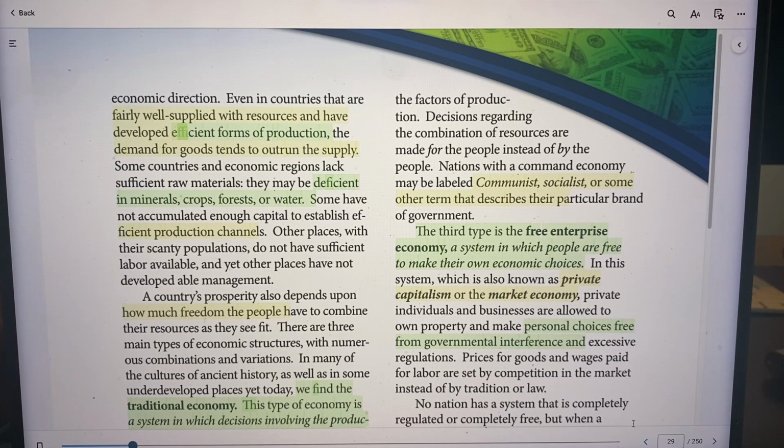And that's why you see a lot of communist countries having very poor people, right? A country's prosperity depends on how much freedom the people have, and that's a basis of economic prosperity. So we cannot undervalue any of these things or we'll be in danger. Those four things again: natural resources, labor, capital, and entrepreneurship.